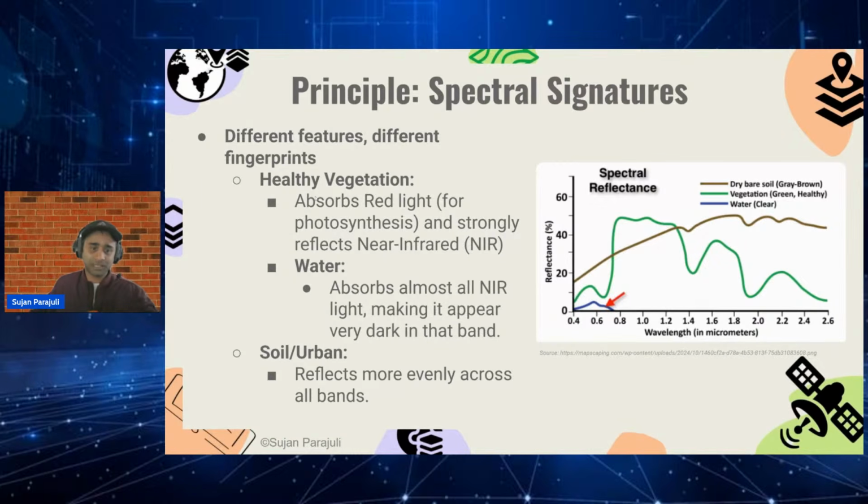But our human eyes see only the visible range of the wavelength. Beyond that we have ultraviolet, near infrared, x-rays, all those kinds of wavelengths that we cannot see, but the sensor acquires that information.